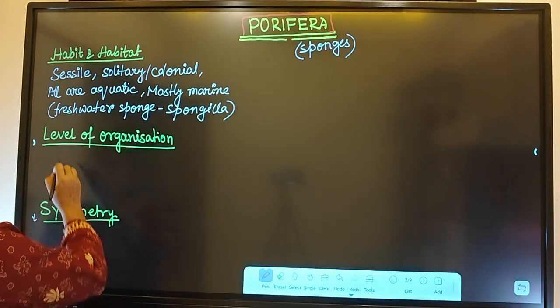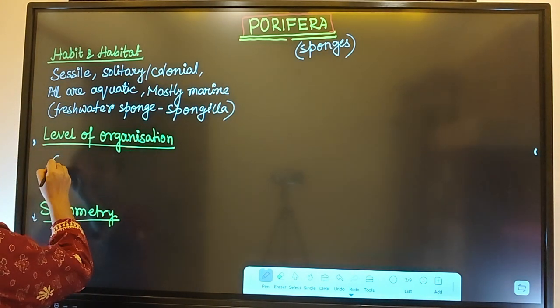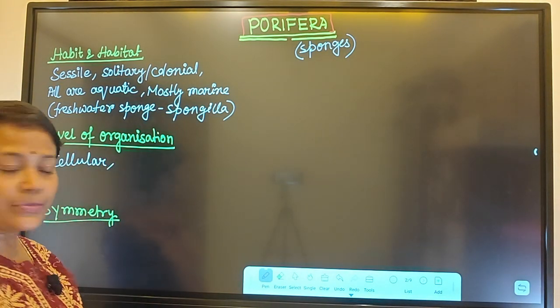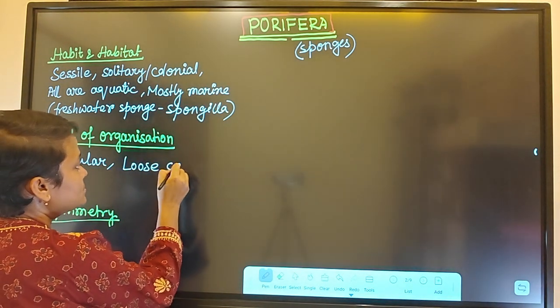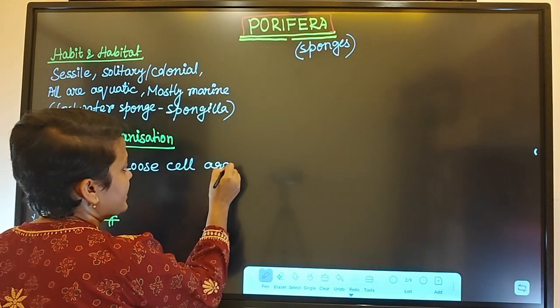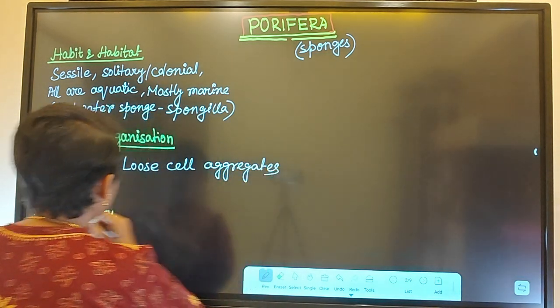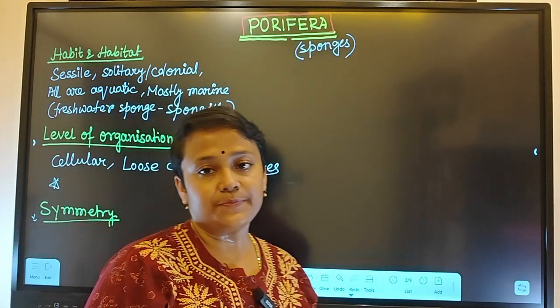Coming to level of organization, we already discussed that they have a cellular level of organization, and their body is made up of loose cell aggregates. But remember that division of labor is present.